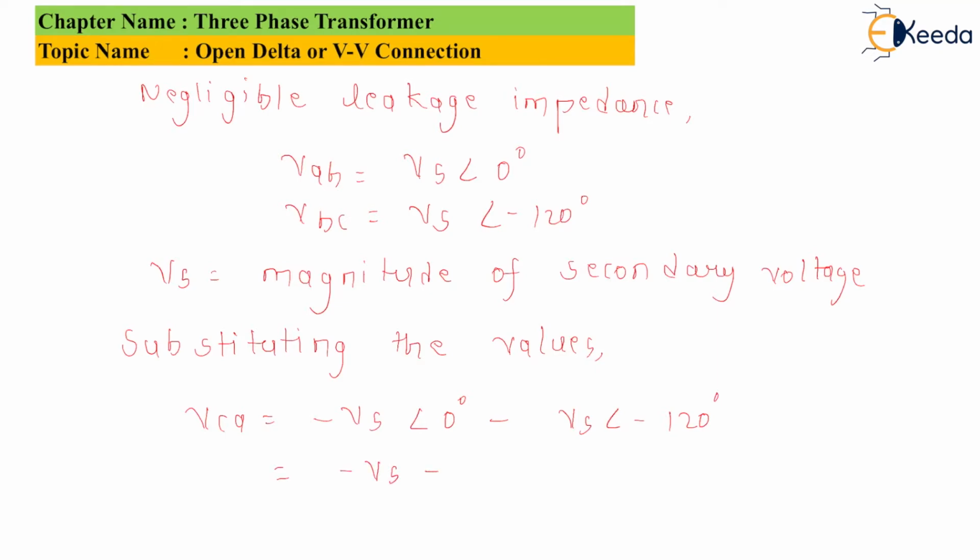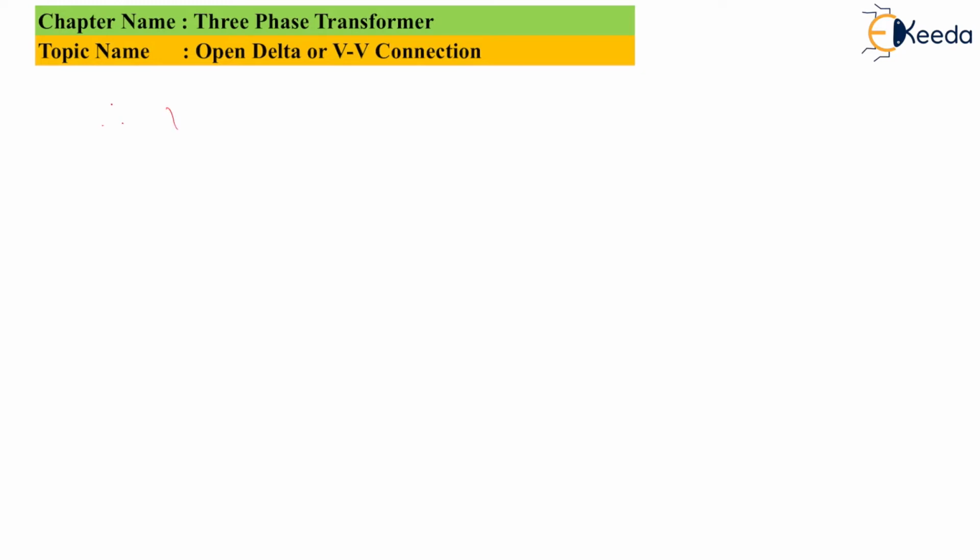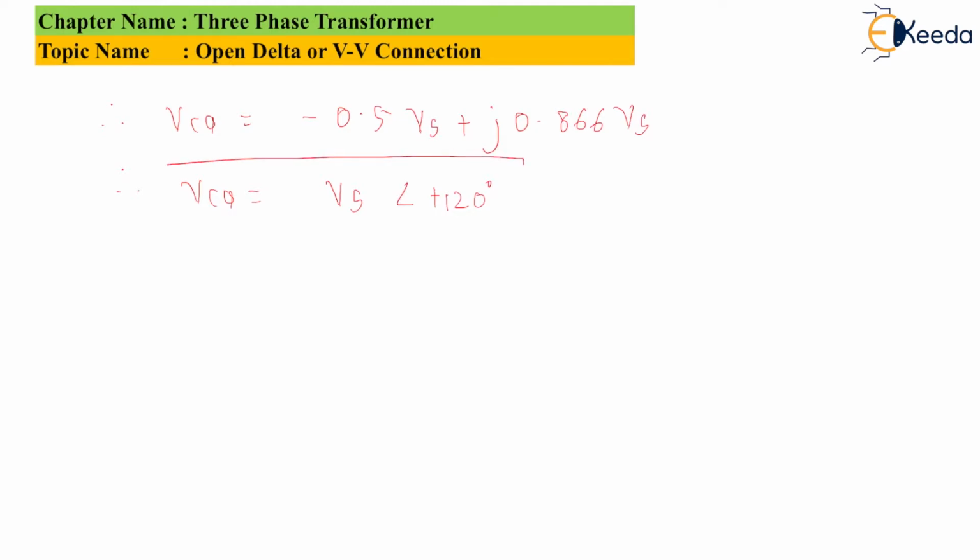So if we further solve this equation, we get minus VS minus the bracket minus 0.5 VS minus j 0.866 VS. Even if we further simplify this, we get vca is equal to minus 0.5 VS plus j 0.866 VS. And if we write it in polar form, then we get vca is equal to VS at an angle of plus 120 degrees.